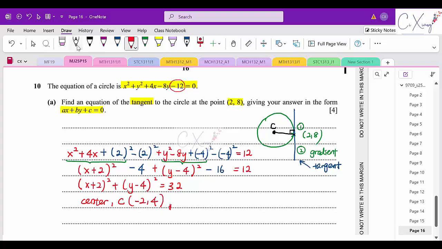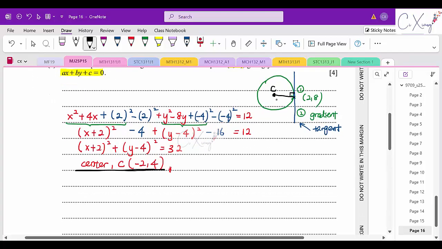This is one of the important pieces of information I need to continue my calculation for the equation of the tangent. After you get the center, you know that the gradient from C to this point is perpendicular to the tangent.